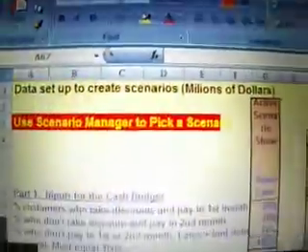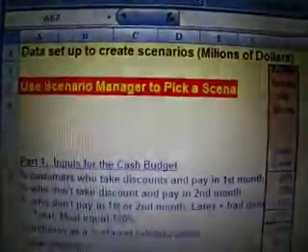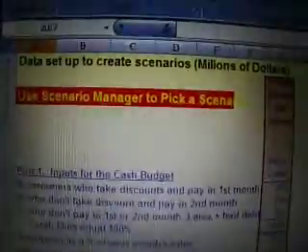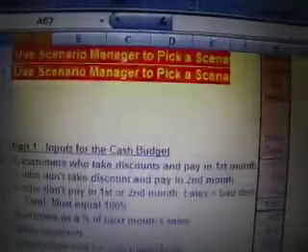Okay, almost there. Okay, can you see the cash budget on the right side of your screen?